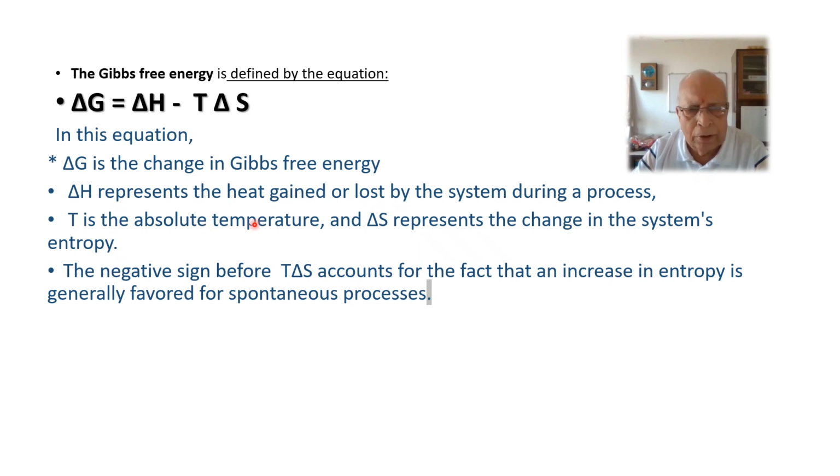Delta H represents heat gained or lost by the system during the process, of course at constant temperature. T is the absolute temperature in Kelvin. Of course, in thermodynamics, we use Kelvin temperature. The negative sign before T delta S accounts for the fact that an increase in entropy is generally favored by a spontaneous process.